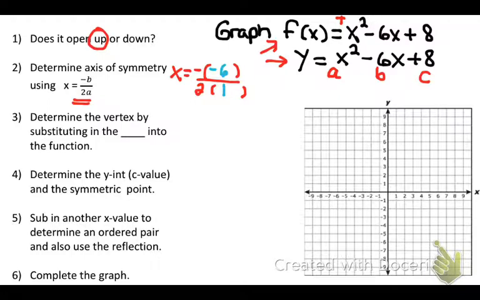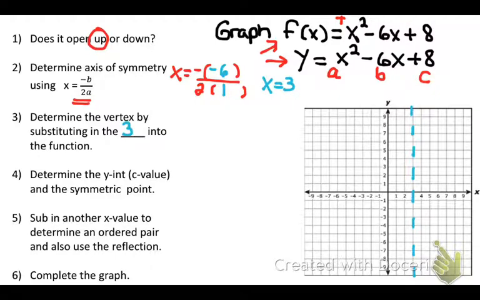We end up with 6 over 2, so x equals 3. So on your graph, now we're going to draw a dotted vertical line through 3. Since we said x equals 3, we're going to substitute our 3 into the function to determine the vertex because we need the y value.